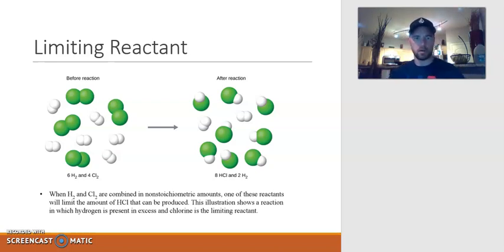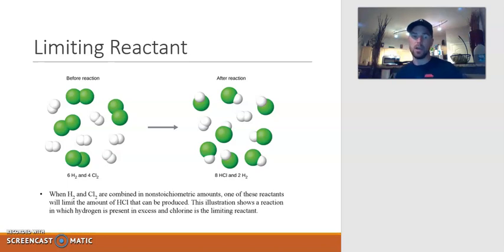So in this problem here, we have a pictorial view of a chemical reaction, and so we have 6 hydrogen molecules and 4 chlorine molecules shown above. The chlorine molecules are the green, the hydrogen molecules are the white. And then after the reaction takes place, this is what the beaker or whatever this product is in. So the description below says when hydrogen and chlorine are combined in non-stoichiometric amounts.